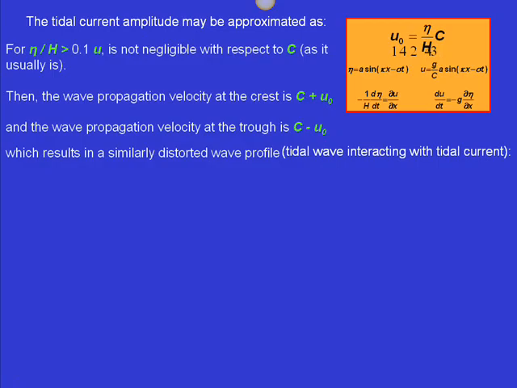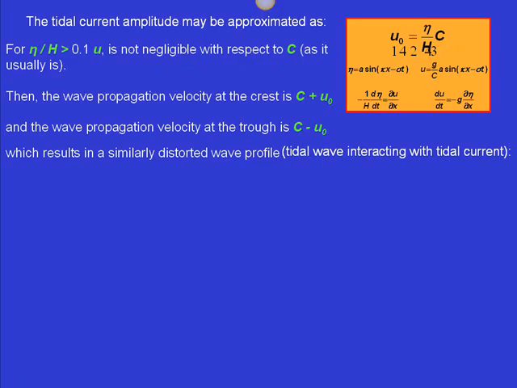So what happens is that if eta over h is greater than 0.1, then u is not negligible with respect to the phase speed of the tidal wave, as it usually is. Is that true? Let's think of an estuary 10 meters deep.